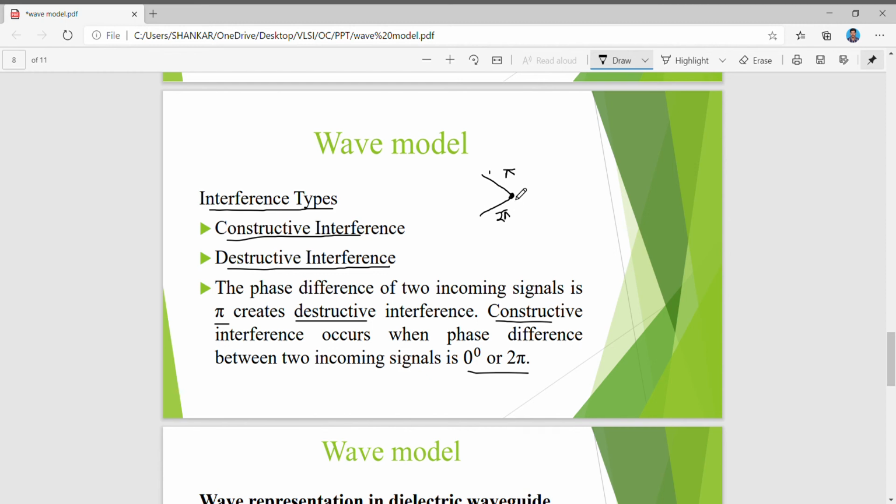At this point the phase difference is pi, 2 pi and pi, the phase difference is pi. It will create destructive interference.